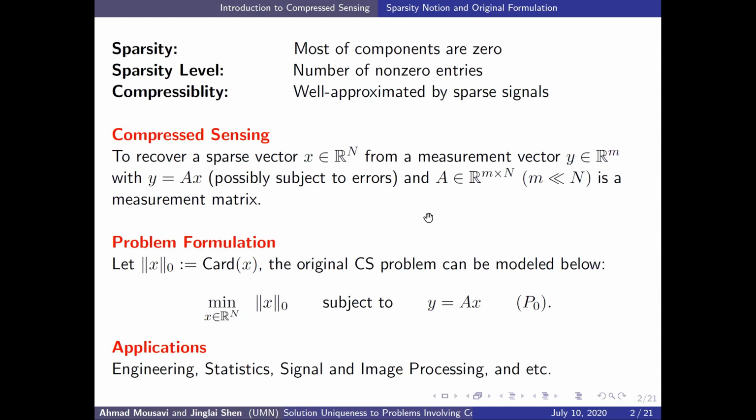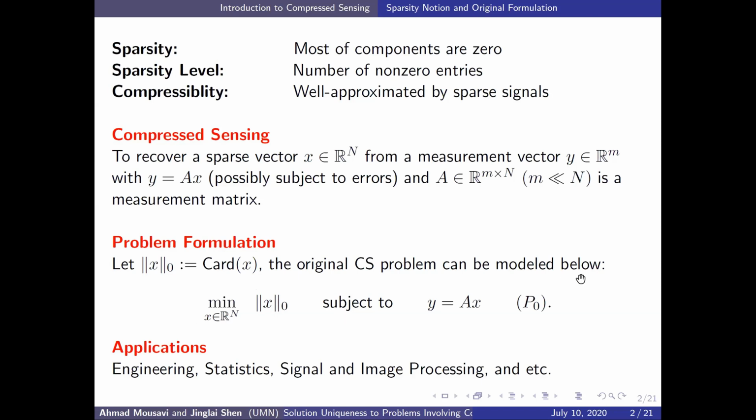So it's a measurement using this design matrix or measurement matrix A, and send y to the receiver, where M is much smaller than capital N, which we said is a big number. So the receiver, if we introduce norm 0 of x as the cardinality or number of non-zero elements, has this knowledge that your vector is sparse.